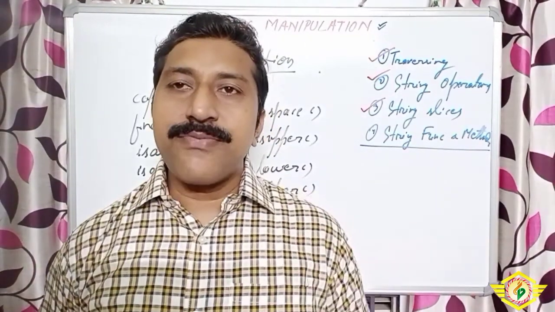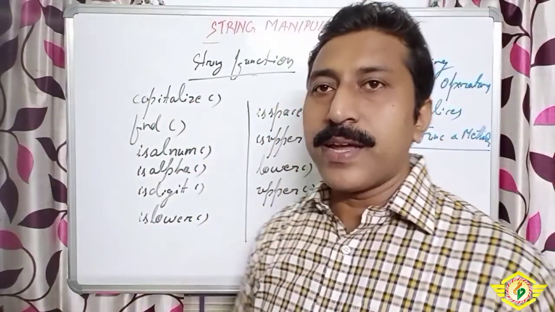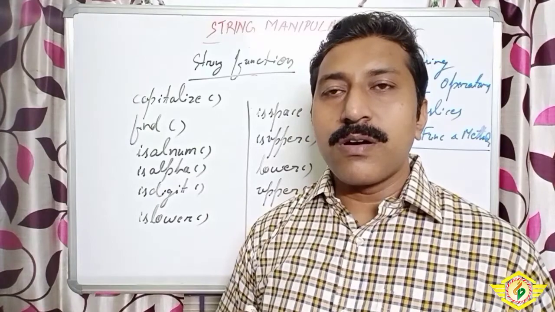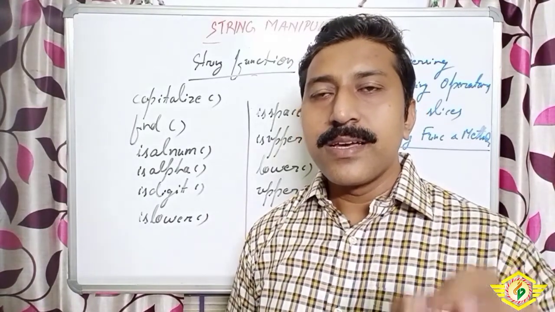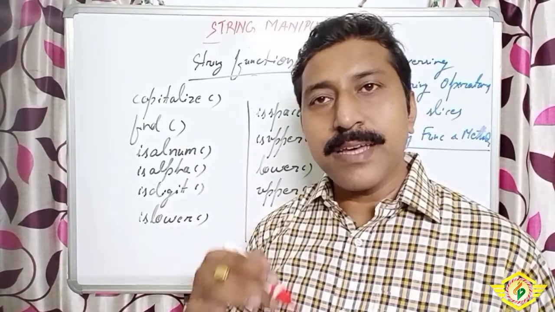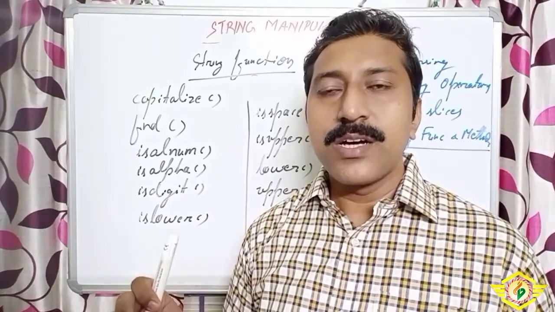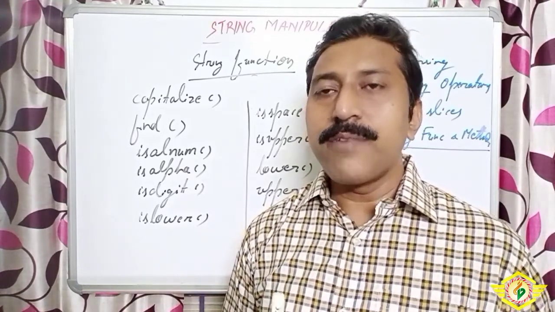So students, the first inbuilt string function we'll discuss is capitalize. Capitalize is a function we use to convert the first character of a sentence to a capital letter. For example, suppose I have written "i love my india" all in lowercase. I is the first character, so it will become a capital letter.